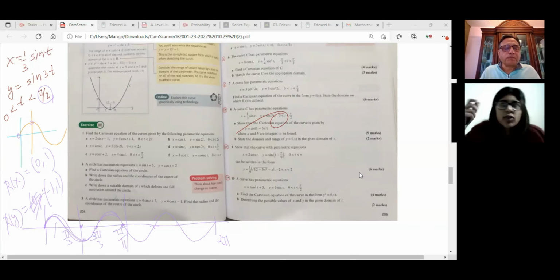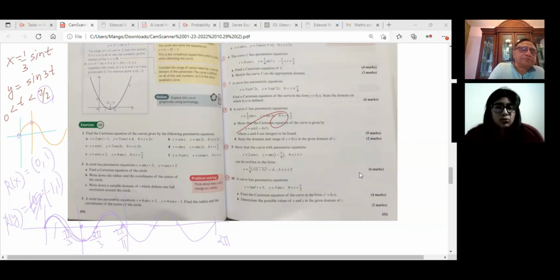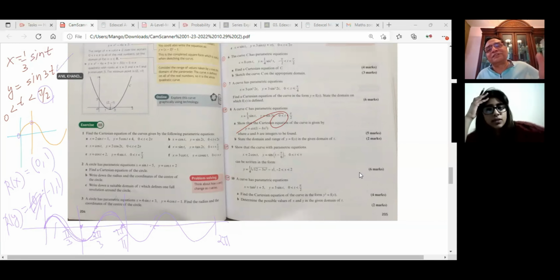You know the y that's given, y equals sine 3t. You would sketch it like you did there and say this is the range of my Cartesian equation.